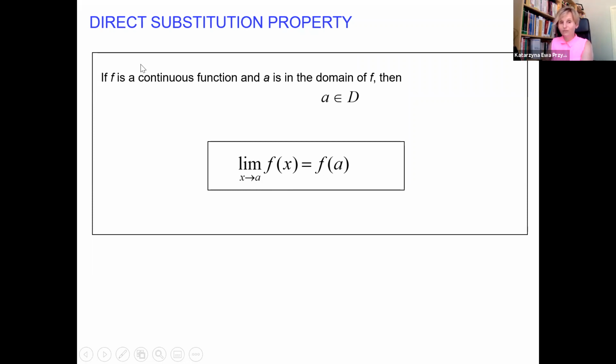But we do have to have continuity at the point A, and of course, A is in the domain. Let's see if we can always use this.